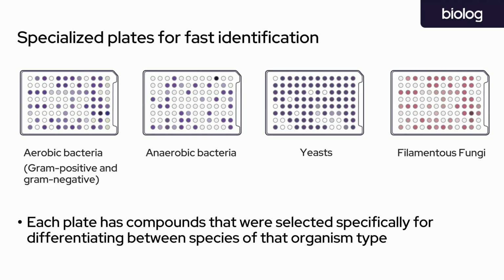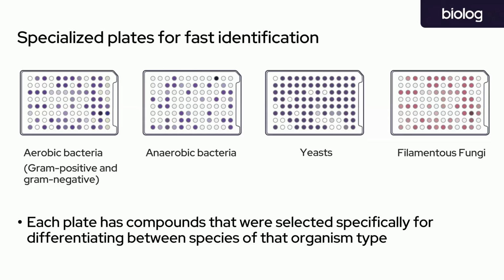But you can see that aerobic bacteria, which encompasses both gram-negative and gram-positive species, anaerobic bacteria, yeasts, and filamentous fungi each have their own special plate. And in each plate, the combination of different compounds was selected specifically to be able to differentiate between species of that type of organism.